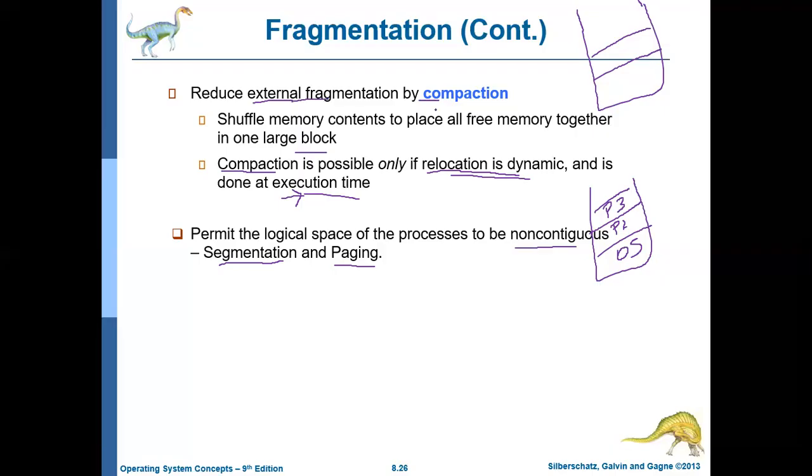One solution for external fragmentation is compaction. Another solution is allowing the process to be non-contiguous, and that is done by two techniques, which are segmentation and paging. Okay, fine. So that's it about this particular topic.